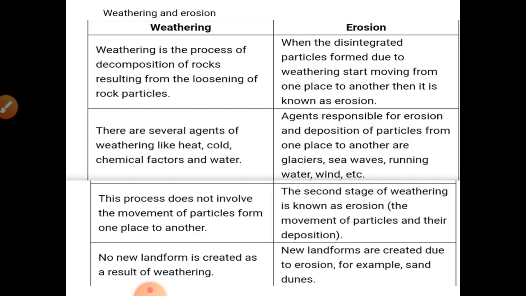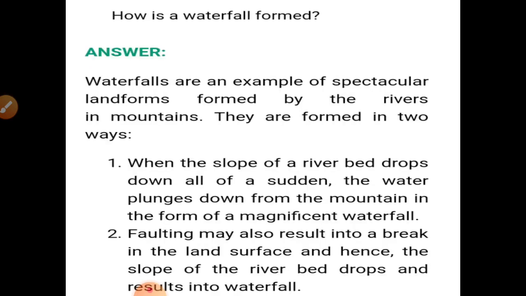Next question: how is a waterfall formed? So waterfalls are an example of spectacular landforms formed by the rivers in mountains. They are formed in two ways. First one is when the slope of a river bed drops down all of a sudden, the water plunges down from the mountain in the form of a magnificent waterfall.